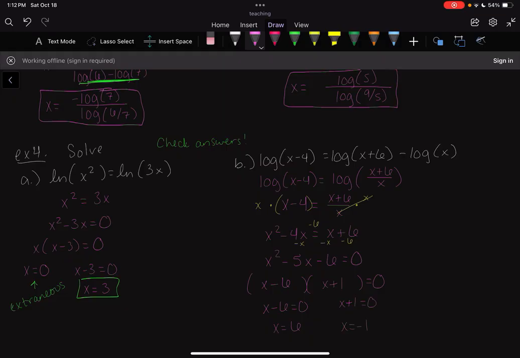But be careful. If you plug in negative 1, you're going to get some errors because the inside of the parentheses of a log should never be negative. So this is an extraneous answer, and we don't want to box that one in. We only want to box in x equals 6.